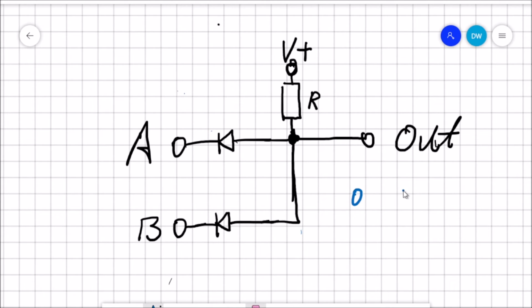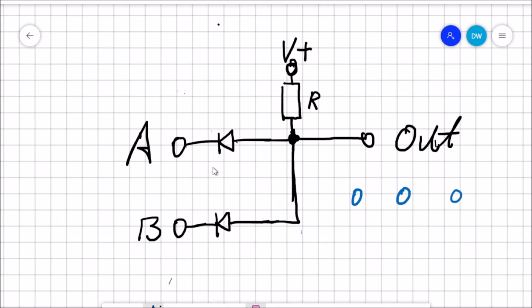If both A and B are off, then the diodes will act as a restrictor to the flow. So the current will flow through these, and not much will be going out, leaving a low in the output.